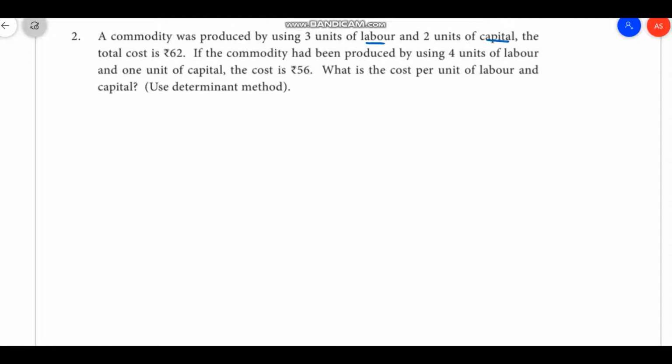So, what are the things involved in here? Labor and capital. So, let me form a table using this. Labor is given and capital is given, and also the total cost is given to me. So using this, let me form an equation.